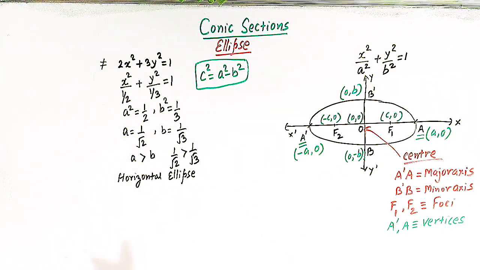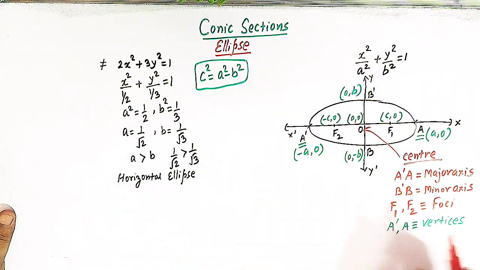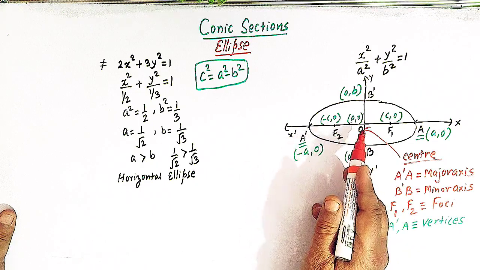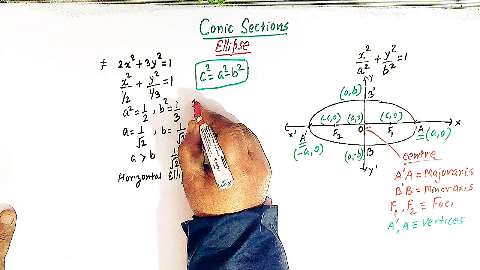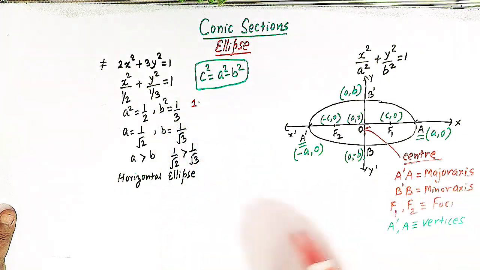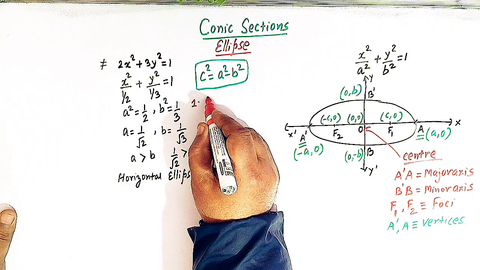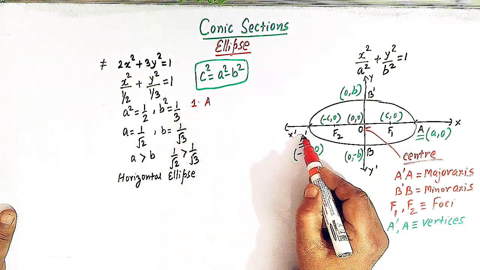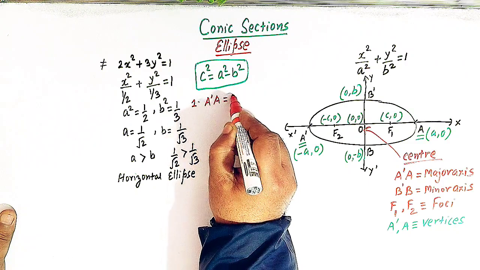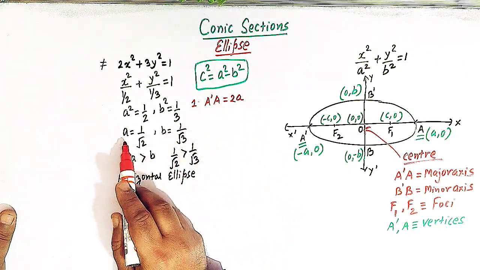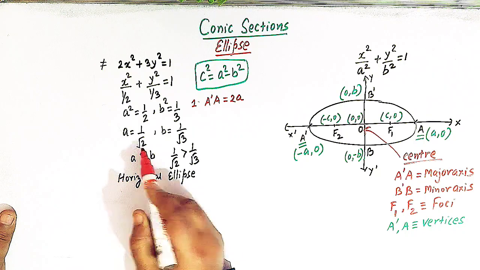So now let us quickly find out the parameters related to the ellipse. So here the first one is the length of major axis, right? So the length of major axis is given by this length, that is a dash a, and this is given by 2 times a, right? And a is 1 over square root of 2.